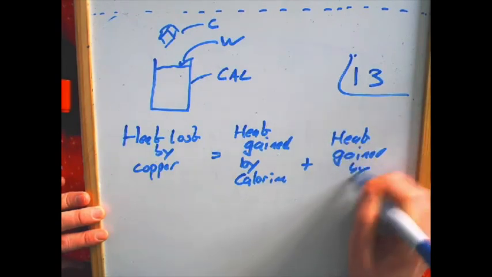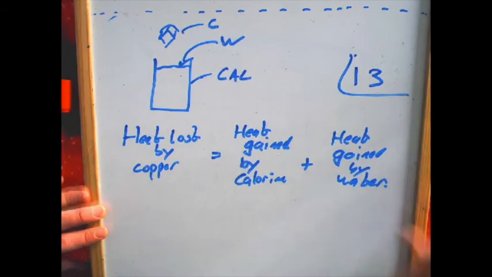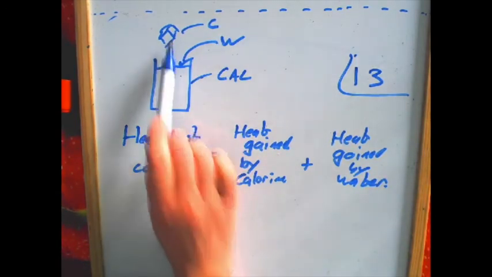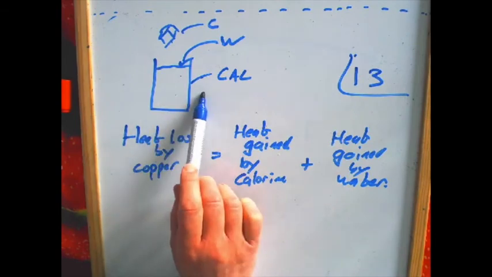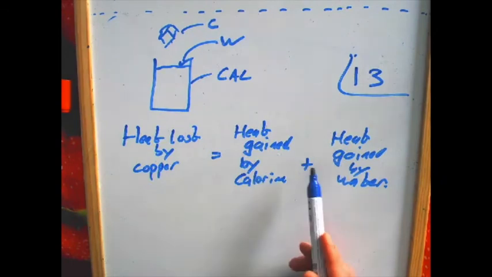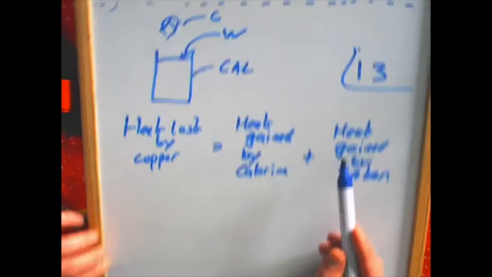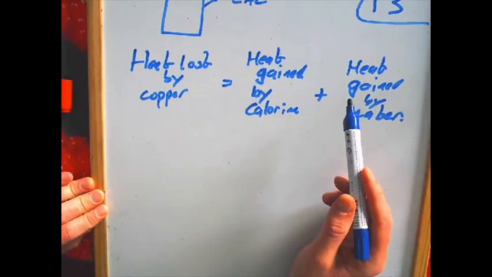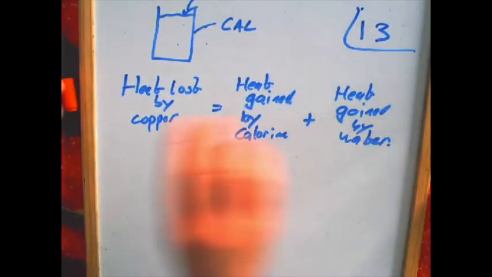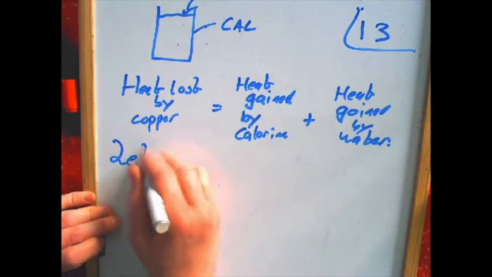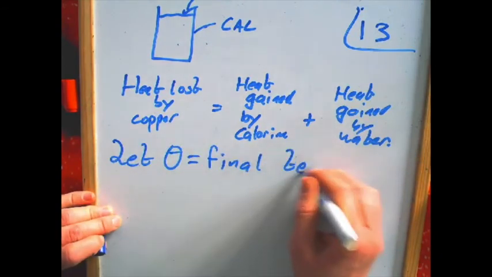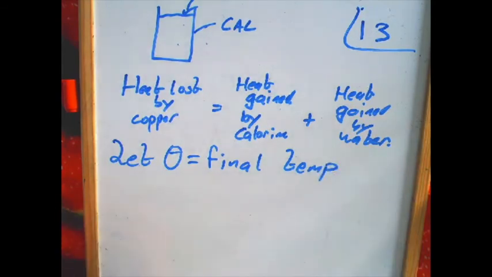So that means that the heat lost by the copper is equal to the heat gained by the calorimeter plus the heat gained by the water. Okay, so just to recap, whatever heat this block of copper loses, it'll be transferred either into the water or into the calorimeter, and whatever heat is lost will be given into these.